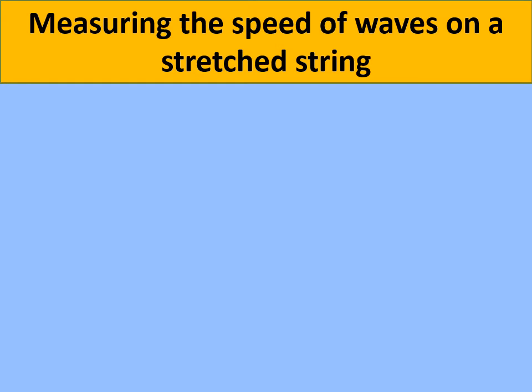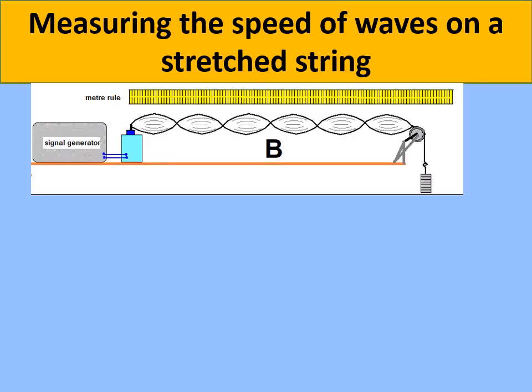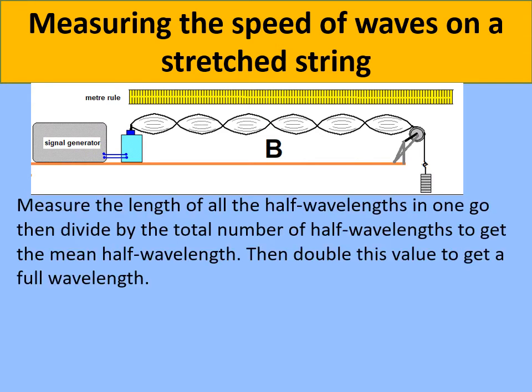So you've created a number of half wavelengths on the string. In this diagram you can see 1, 2, 3, 4, 5, 6 half wavelengths. So measure the length of all of those 6 half wavelengths in one go. Then divide by the total number of half wavelengths, so whatever that length is on the ruler, divide it by 6 in this diagram to get the mean half wavelength.